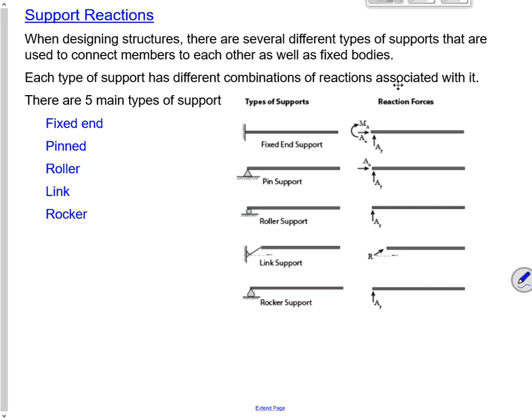That force can only point up. I can lift this thing off the roller. A link support produces a force along the link, only in that direction, and a rocker support produces a force only perpendicular. You'll understand how to use these better once we start working problems.